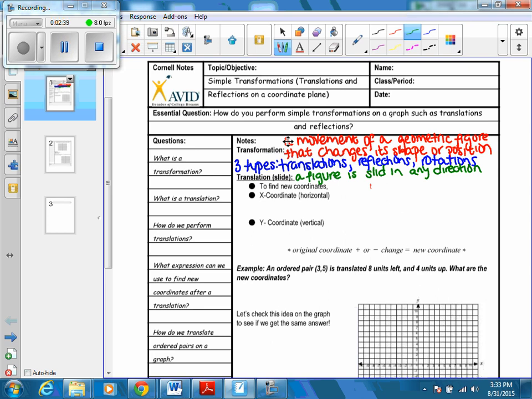Okay, so to find new coordinates when we're doing a translation, the process is just adding or subtracting. So to find new coordinates, we add or subtract.